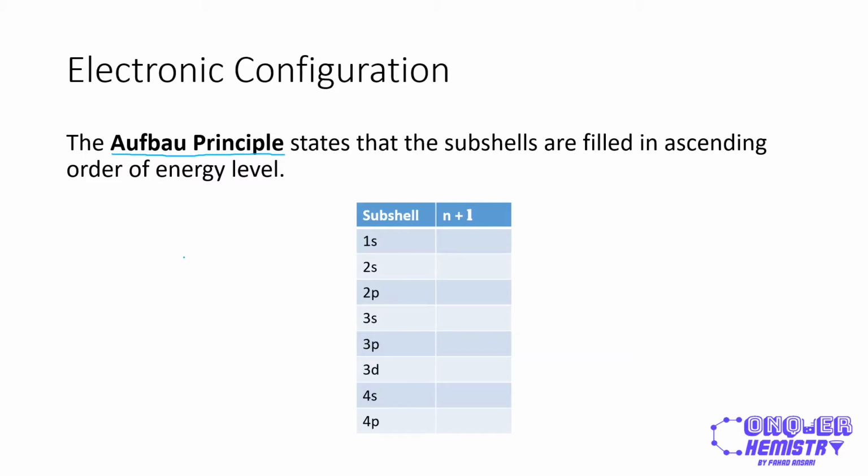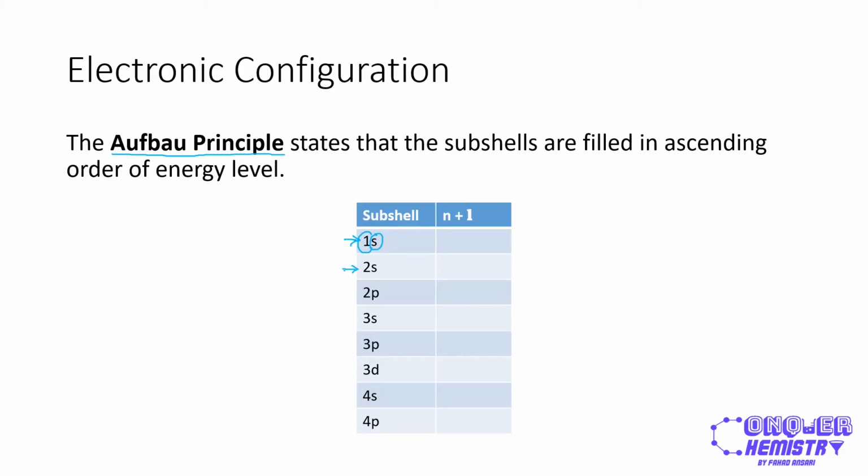Now, how do we determine energy levels? Well, a rough idea of relative energy level of the subshells can be found by listing down the subshells like this. For example, 1s basically means that this is the s subshell of the first principal quantum shell, and then we know that the first principal quantum shell only has an s subshell.